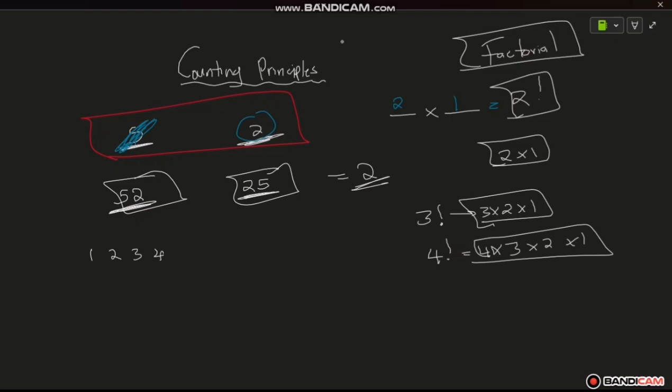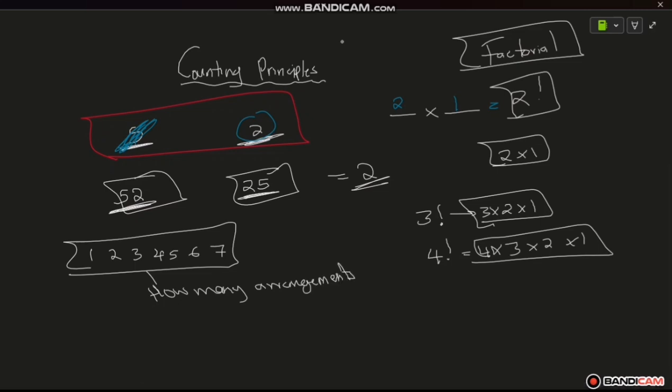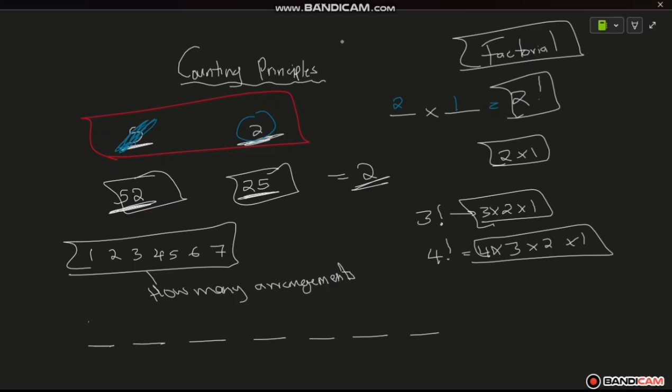Let's say we have 1, 2, 3, 4, 5, 6, and 7. Now they ask us about the arrangements. How many arrangements or how many pins can be formed by arranging these digits here. Then they say repetition is not allowed. We have 7 spaces, we have 7 digits here.